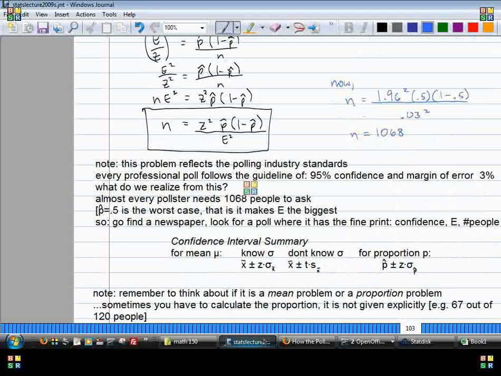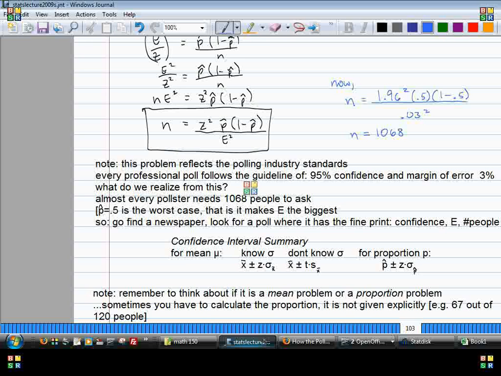For example, it might say 67 out of 120 people said yes. Or we interviewed 120 people and 67 said yes. So what is that problem? Is this problem about means or proportions? It's about proportions, and how do you find your p hat? Right, it would be 67 divided by 120.